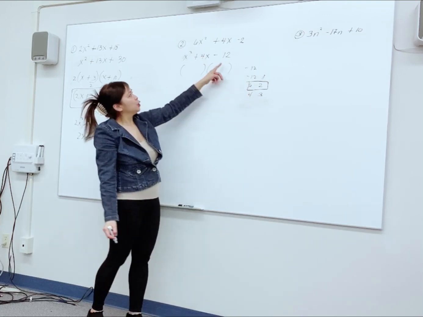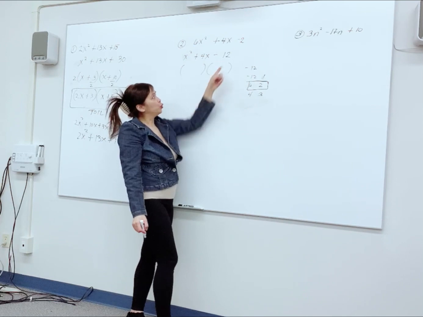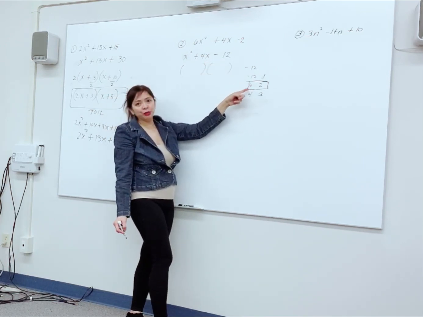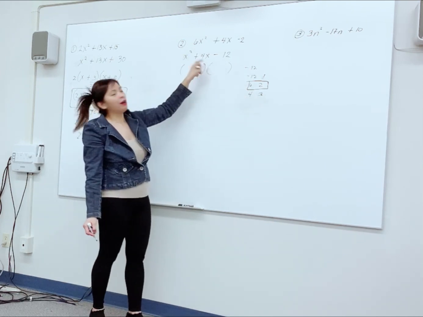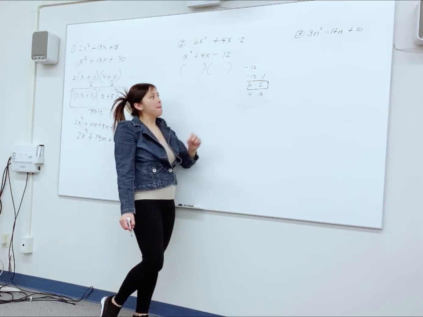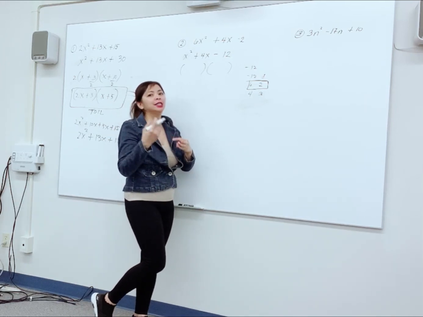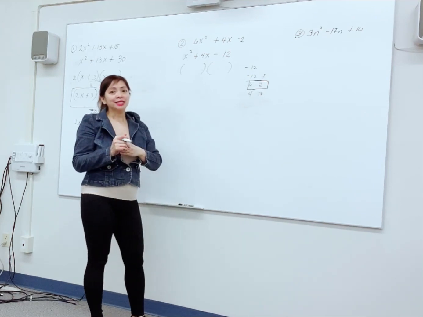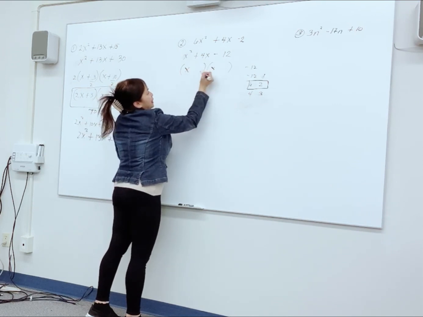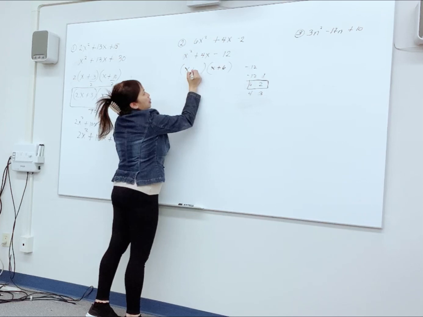Why? Because you are multiplying 1 as negative to get a negative 12. Always the rule is take the highest figure and then get the sign of the highest figure. So I will do like this: x plus 6 and x minus 2.